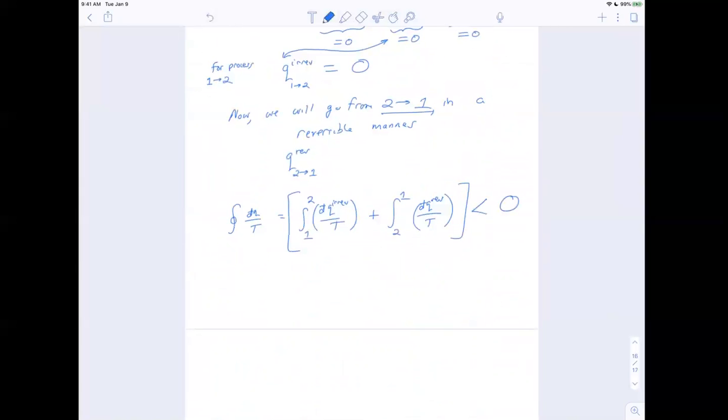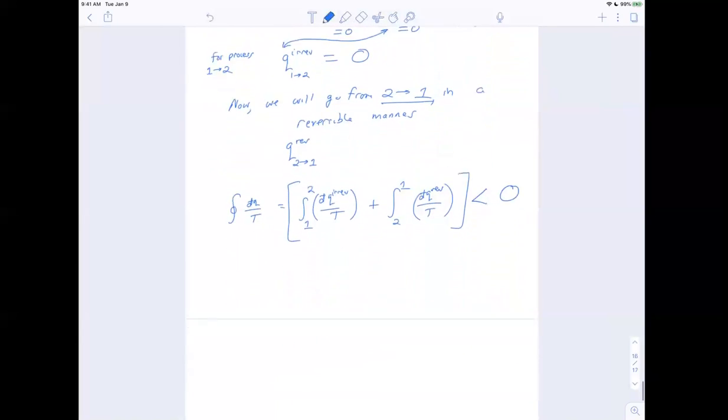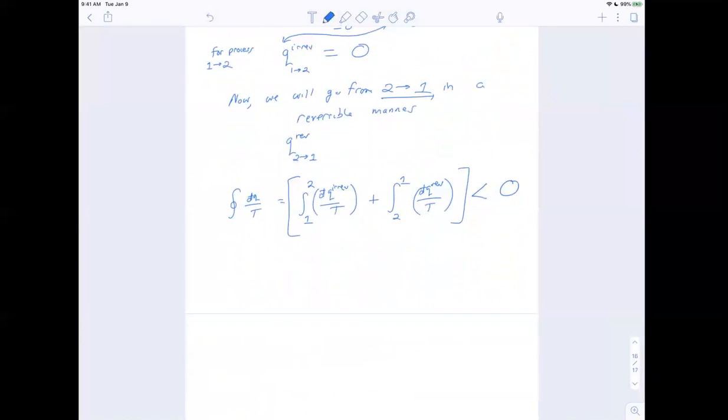Since this is irreversible, the Clausius inequality tells us that it has to be less than 0.